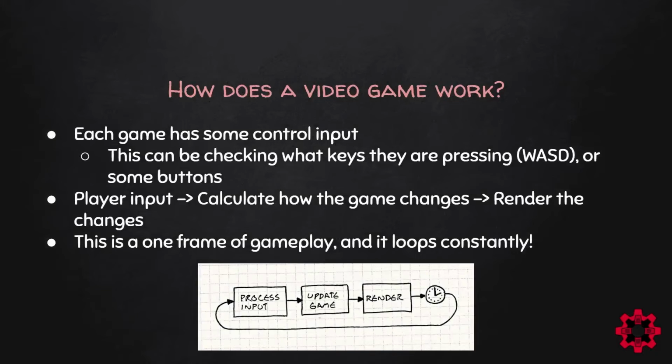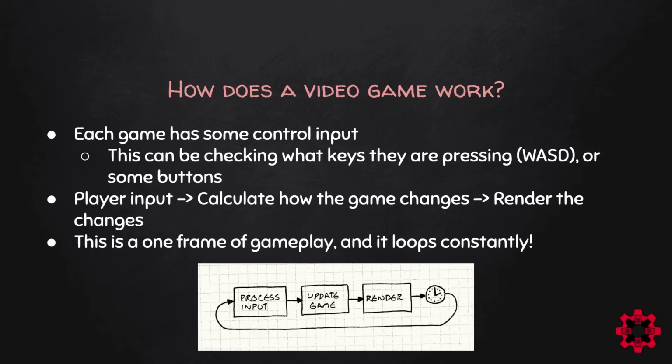Yeah. And this last slide is just a really quick overview of video game design. How does it work? The main components of a video game is checking the input. This can be from a keyboard or a controller or some other input method. And then from there, you calculate the game changes.